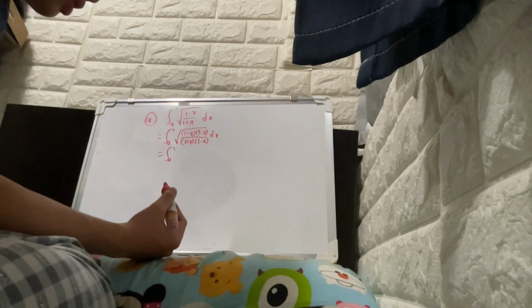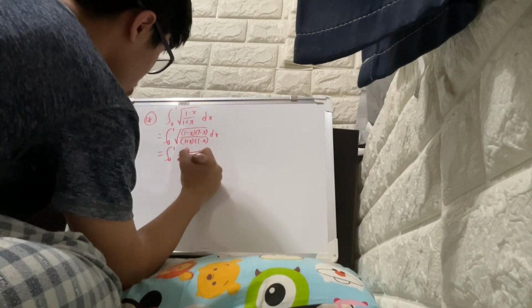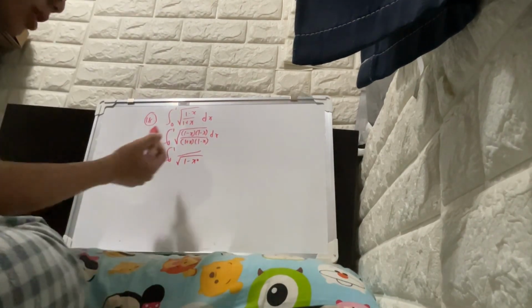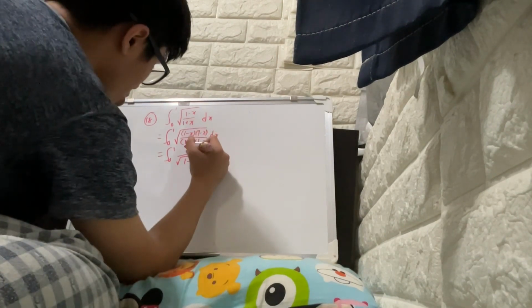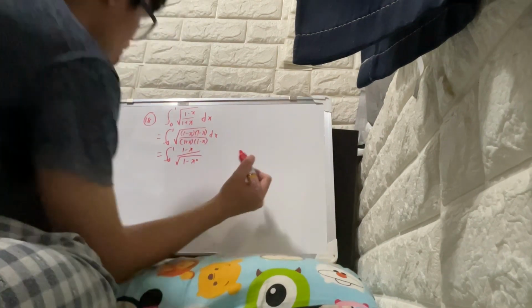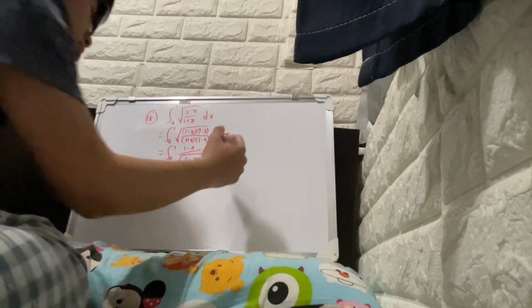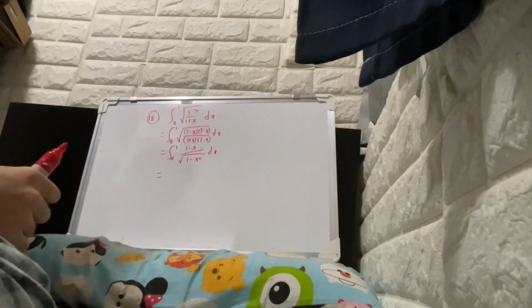So square root of 1 minus x squared, and then on the top you get 1 minus x squared, and then take a square root, you get 1 minus x here. 1 minus x dx.